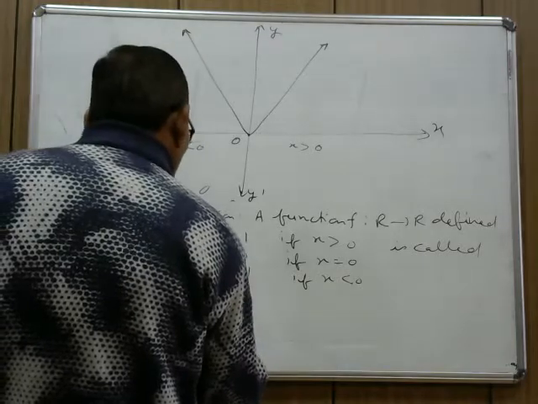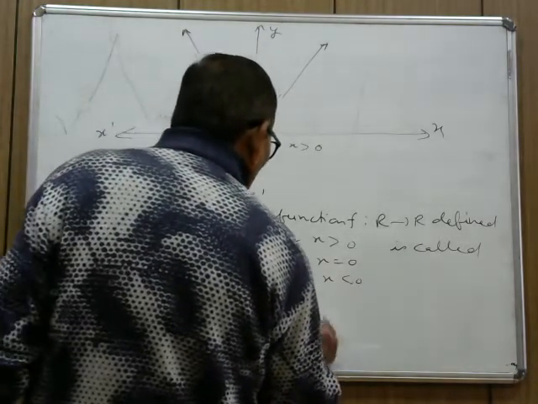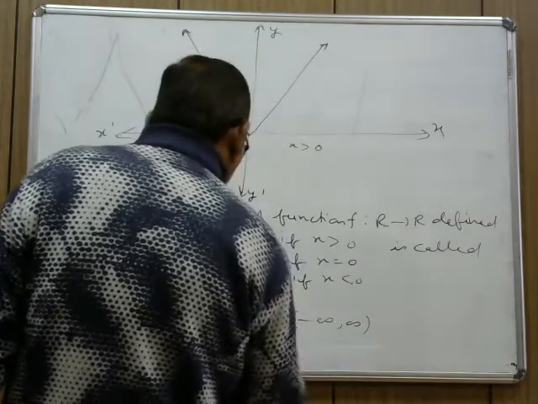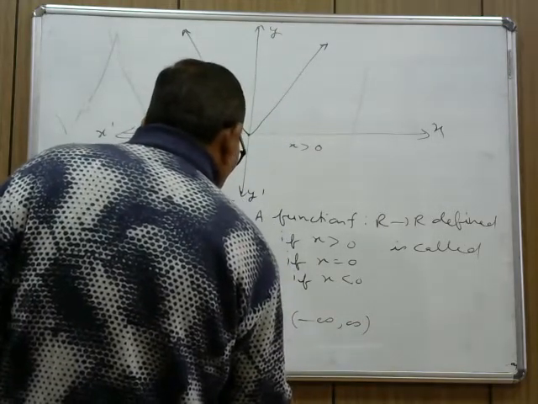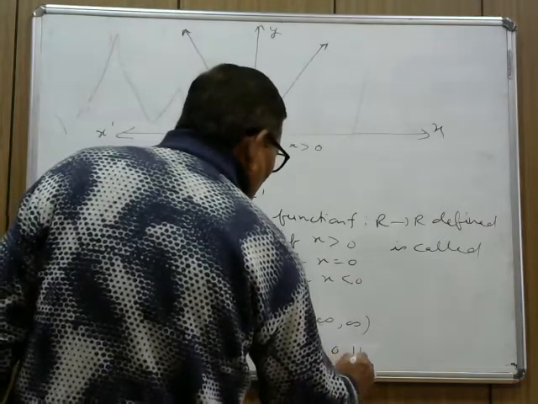Its domain is the set of real numbers and its range consists of only 3 elements: minus 1, 0, 1.